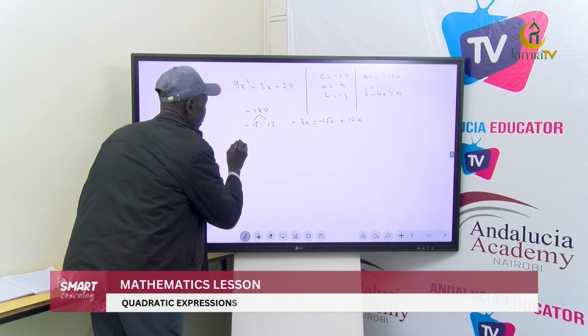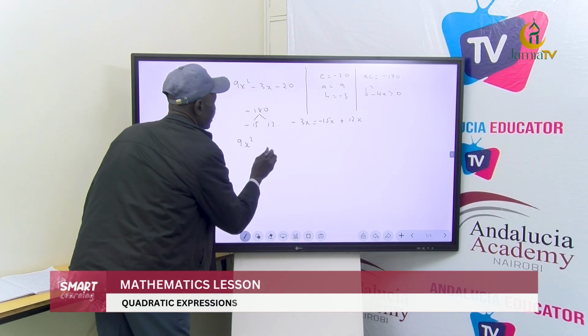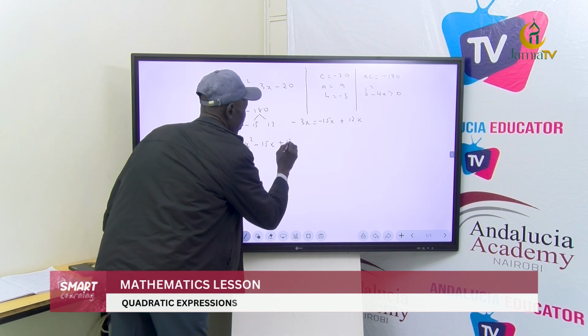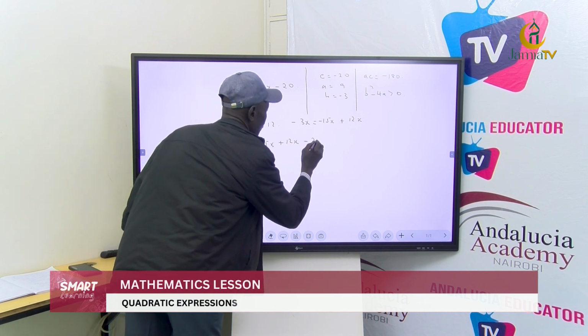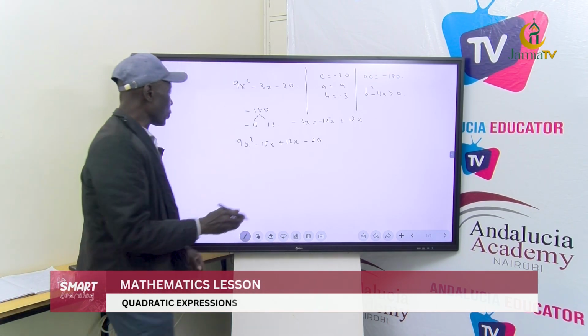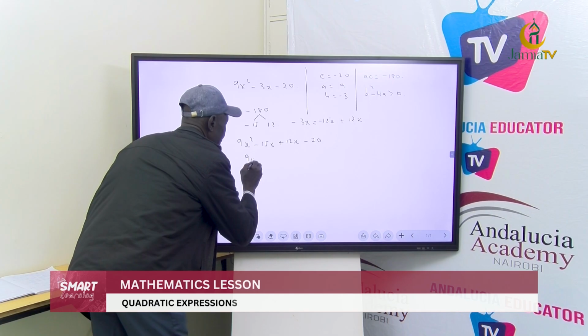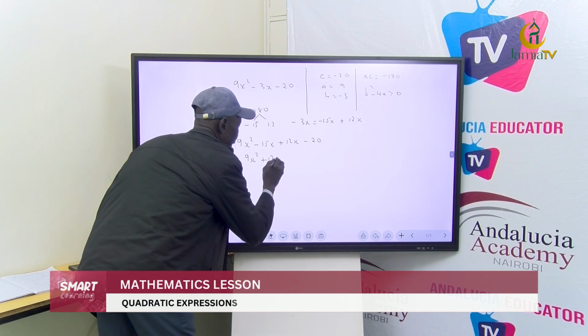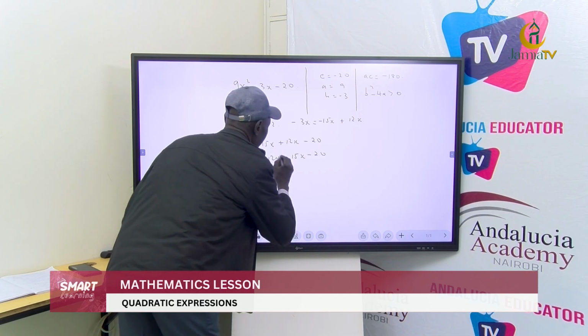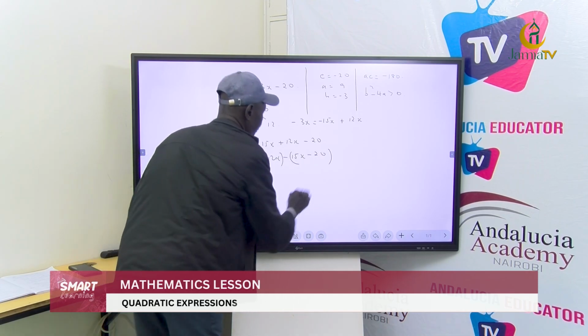So we have 9x squared minus 15x plus 12x minus 20. Now, you could have written it the other way. You could write 9x squared plus 12x minus 15x minus 20. Then you group, you'll get the same things.